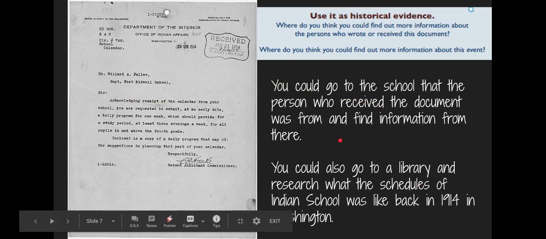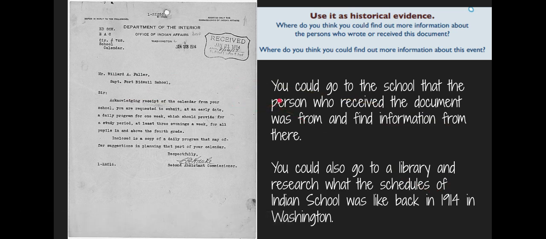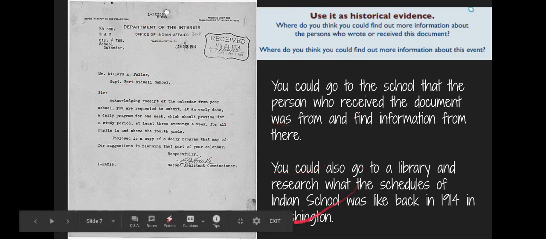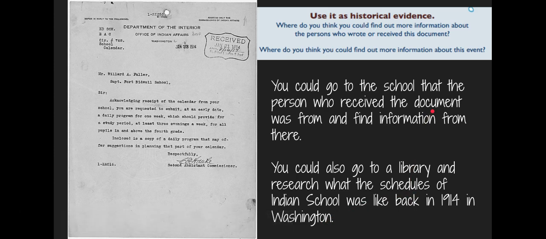And I could also go to a library and research what the schedules of Indian schools were like in 1914 in Washington. Now, how did I know it was in Washington? Well, it's right here and it says Office of Indian Affairs. So it probably was an Indian reserve, like a Native American reserve. So there's schooling, and it was in Washington.